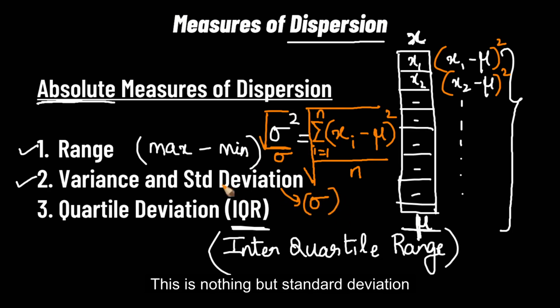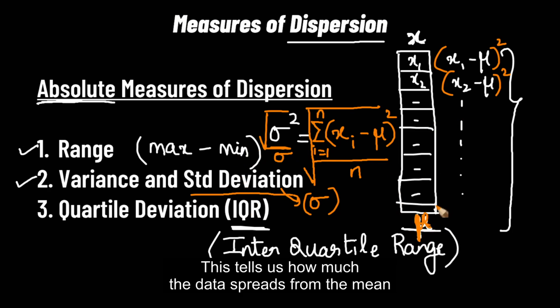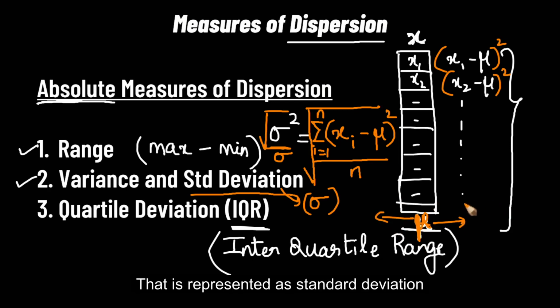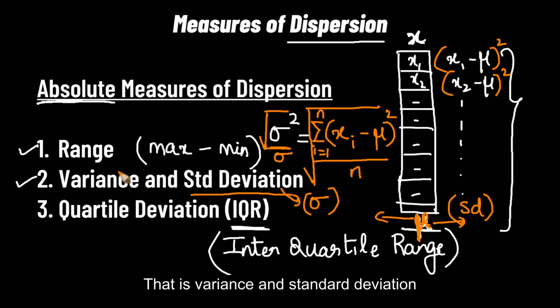Standard deviation tells us how much the data spreads from the mean. If the standard deviation is small, the spread of the data will be small. So that is variance and standard deviation.